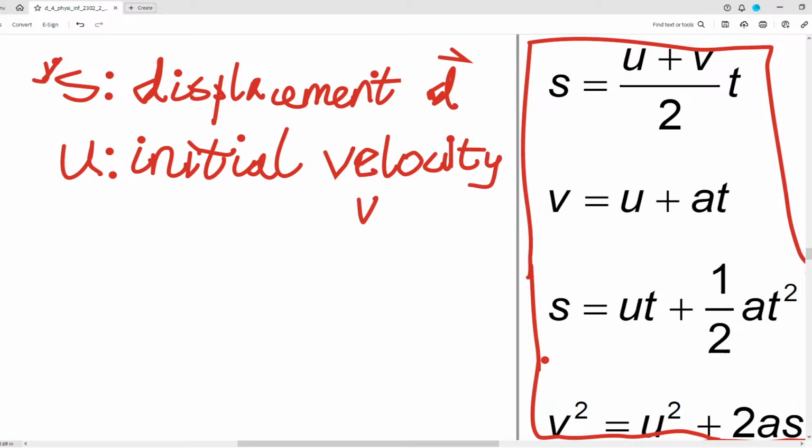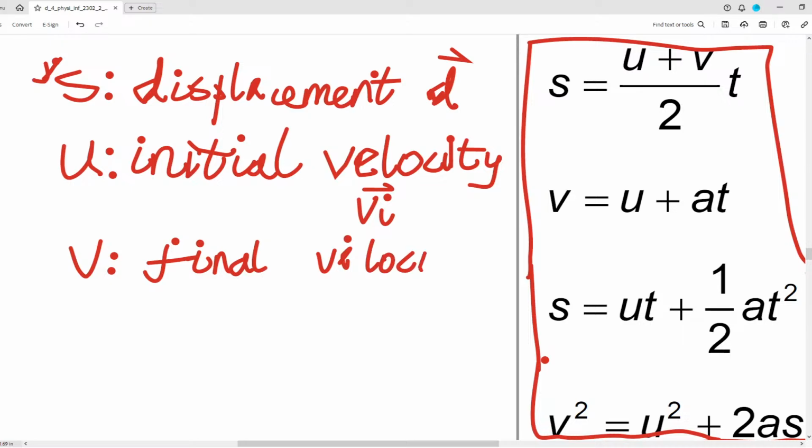So v_i in the old non-IB notation. v is the final velocity. Do not mix it up. And then a is acceleration and t is time.